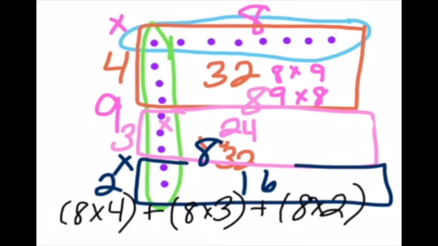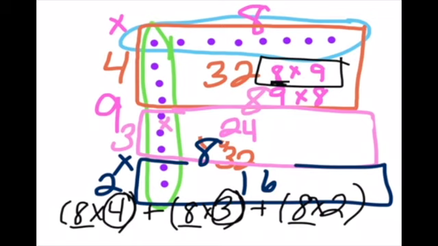And those 8s are staying consistent, right? Because we know that all these problems have a relationship with 8 times 9. The 8 stayed the same. The 9 was split into this 4, 3, and 2. We know that all those numbers combined make 9.